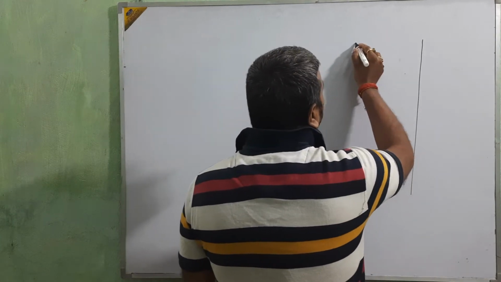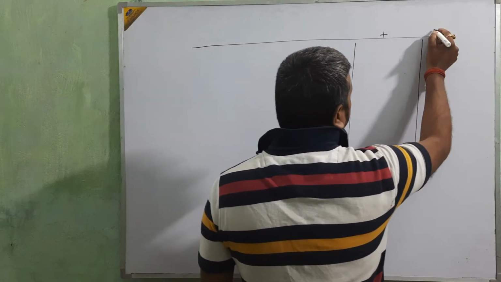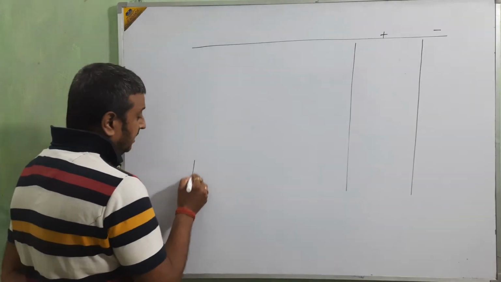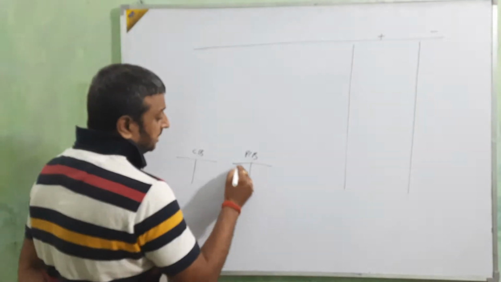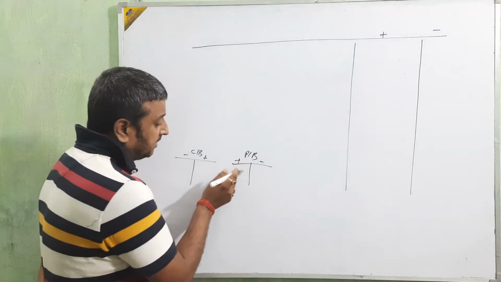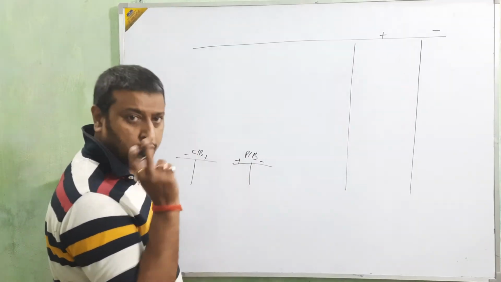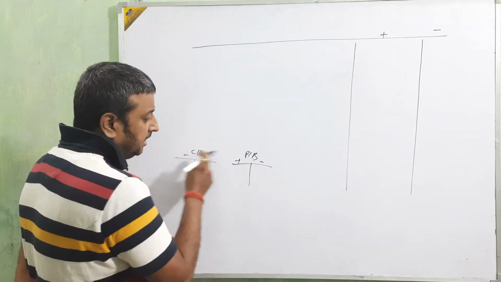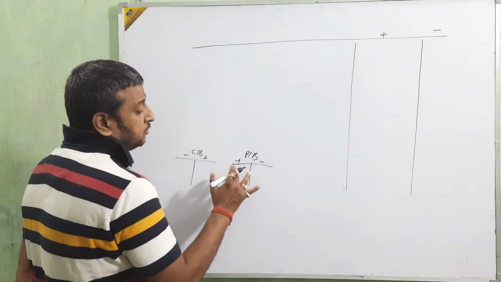Just see, it's a pro forma of the bank reconciliation statement, and there are four ways of making it. We take the balance of this side and go to this side, one way. Taking the balance of this side and going to this side, two ways. Taking the balance of this side and going to this side, tally with this side, three. This balance and this side, four ways. Two from the cash book and two from the passbook.